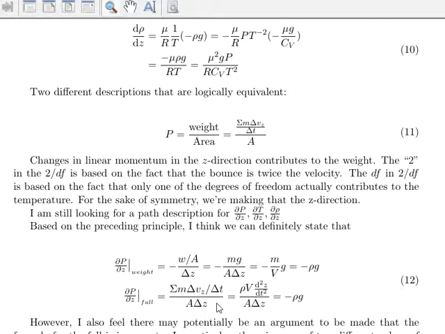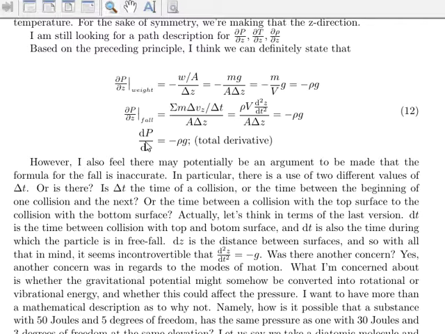And this a delta z down here is also volume, so I can cancel out volume with volume, and then I get rho times acceleration, so it's negative rho times g again. So we've got two different equivalent derivations for representing that del p del z is negative rho g. So I think we can confidently state that dp dz is negative rho g.